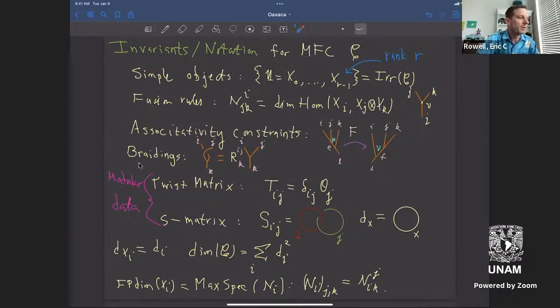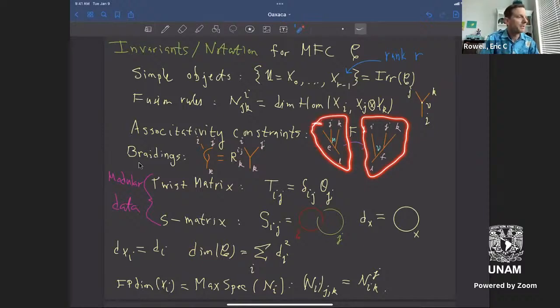Now, if you start to even just draw these pictures, you'll find that there are things you have to worry about. So in particular, you might have something like this, which would be a vector in Hom(Xl, Xi tensor Xj tensor Xk). And because of the different ways of putting these together, you could also have one that looks like this versus one like this, where the way you tensor these together matters.